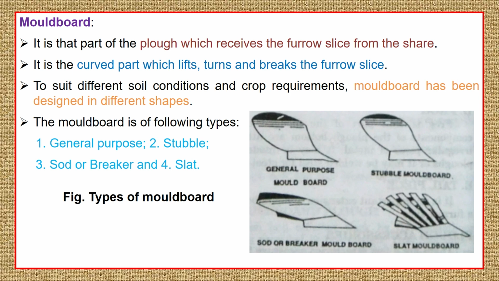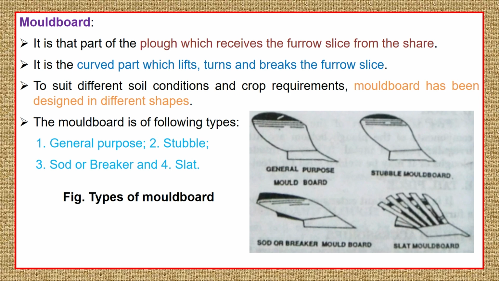In order to increase work efficiency and obtain a good tilth, stubble moldboards are used in such fields. Pulverization is also rapid in the case of a stubble moldboard, because it receives the soil and throws it as soon as it receives it, and that's how more pulverization is achieved.